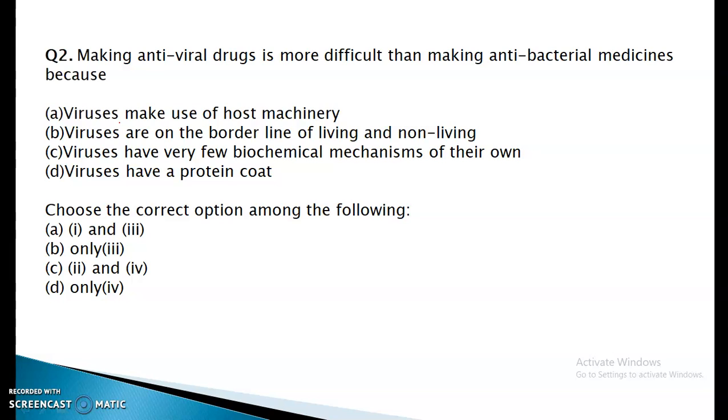Here you need to choose the correct option among A, B, C and D. Go through these lines and understand why making antiviral drugs is difficult in comparison to antibacterial ones. While explaining the pathogenic organisms, I explained in detail why viral diseases are more fatal and why antiviral drugs are tough to construct. So take your time, mark the right answer.